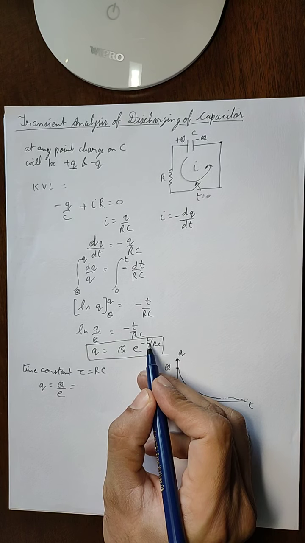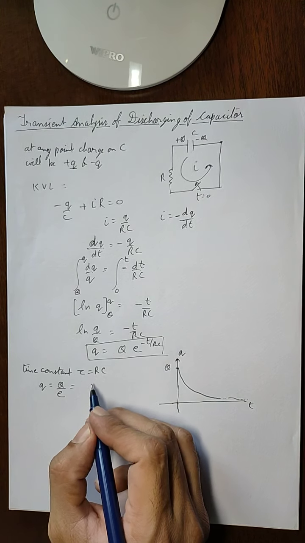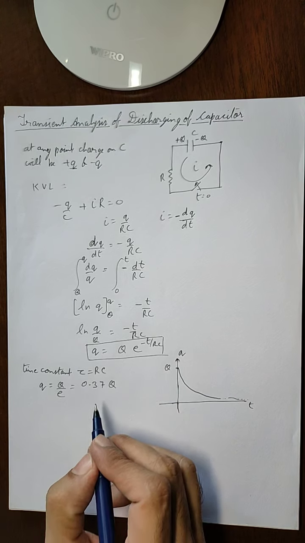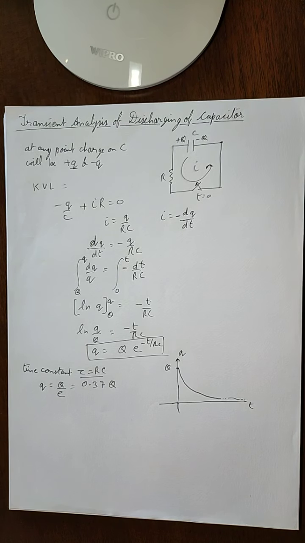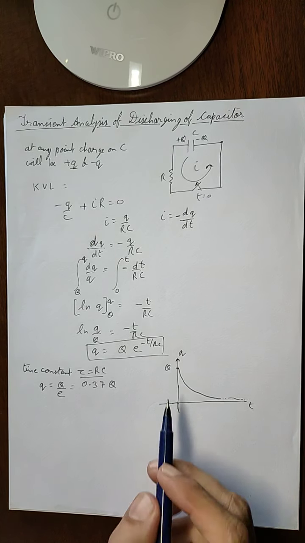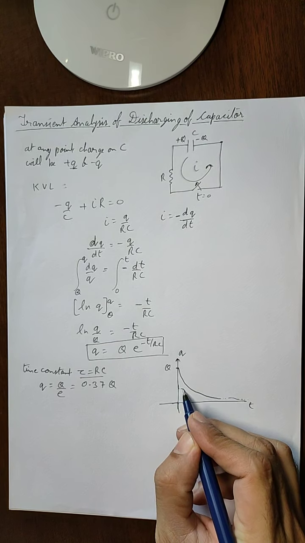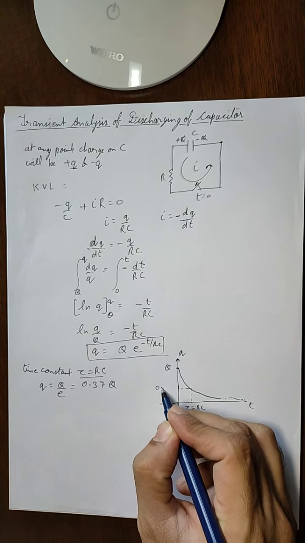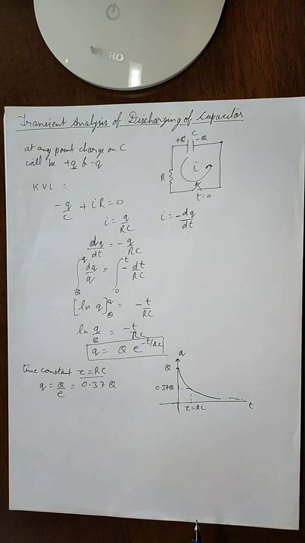If we place tau equals RC, it will be e to the power minus 1, so it will come in the denominator, and we will have Q by e, or 0.37 of Q. So this means at the time constant tau equals RC, the charge remaining on the capacitor will be 37% of the initial charge. So it will be somewhere like here. For example, this is tau equals RC, and at this point the charge on the capacitor is 37% of the initial charge, that is capital Q.